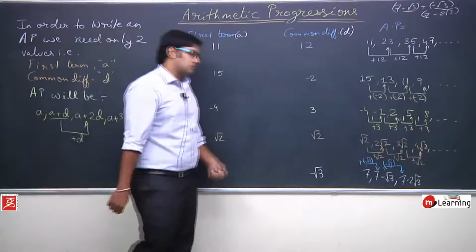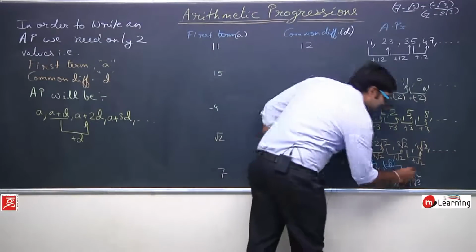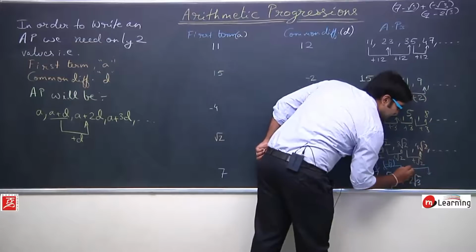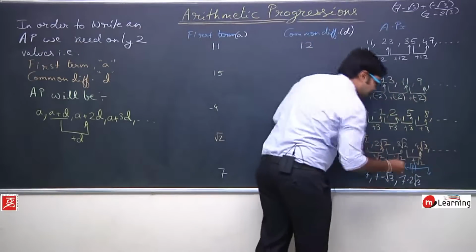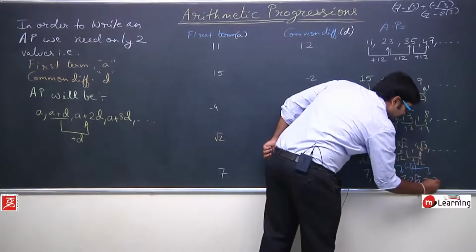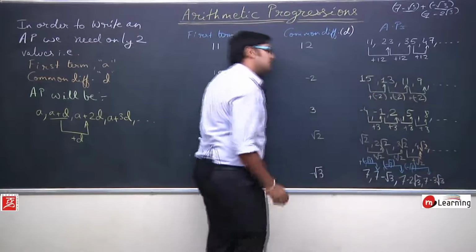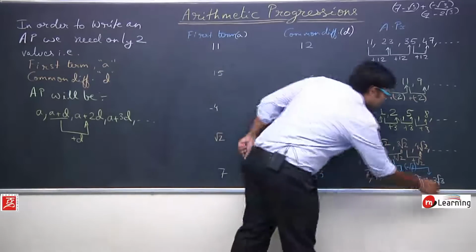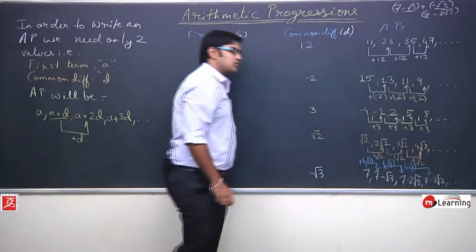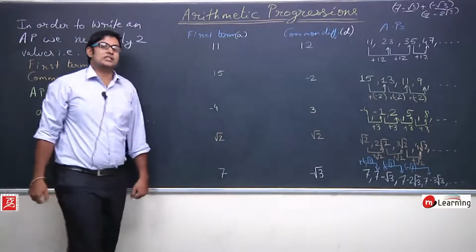Then what about fourth term? Again you will follow the same procedure. You will add minus root 3 and it will give you 7 minus 3 root 3. Okay. And from here the AP will continue. Now what kind of arithmetic progression is it?